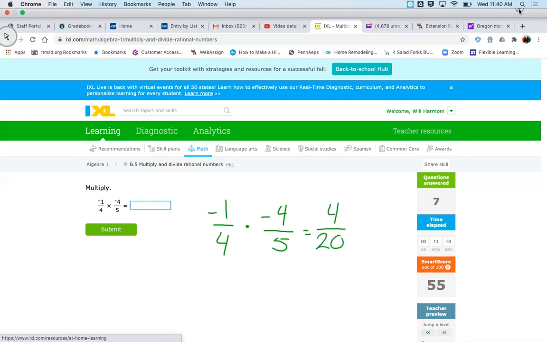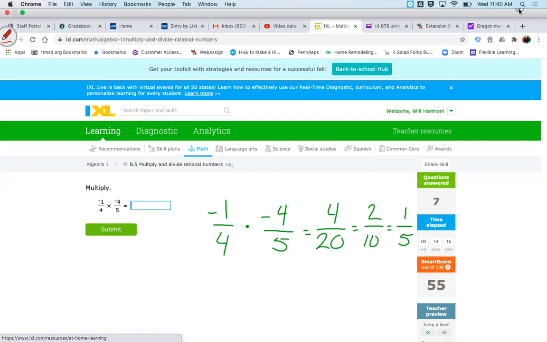Now, Chucky, are you able to reduce 4 over 20? To what? What does that reduce to? 2 over 10. Which reduces to what? 1/5.